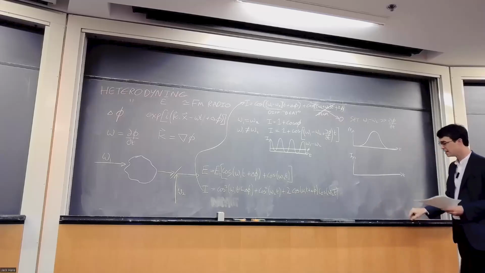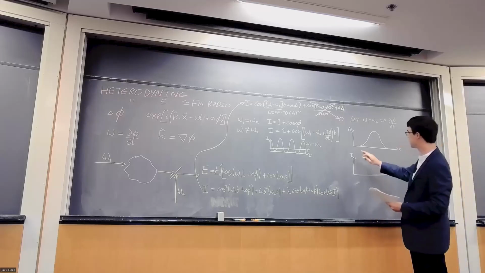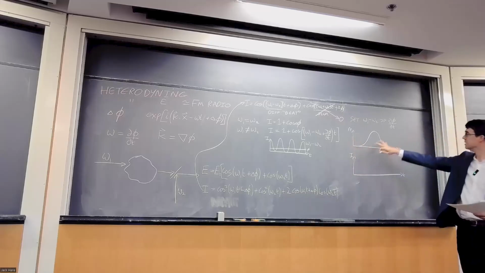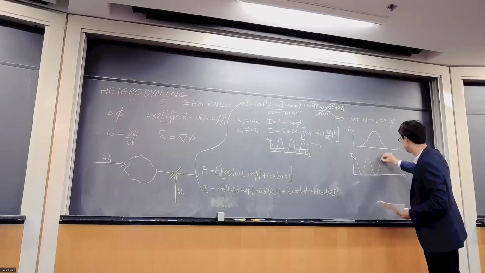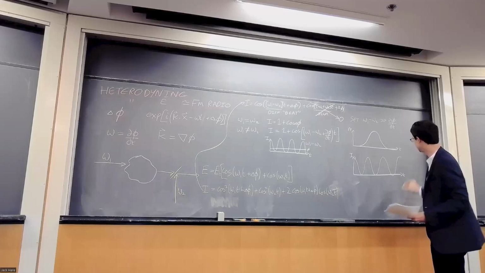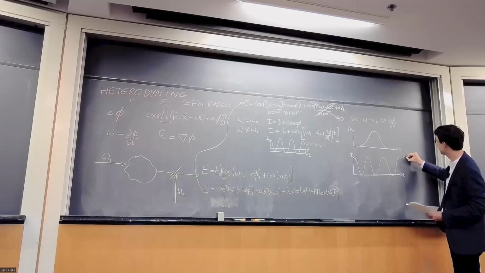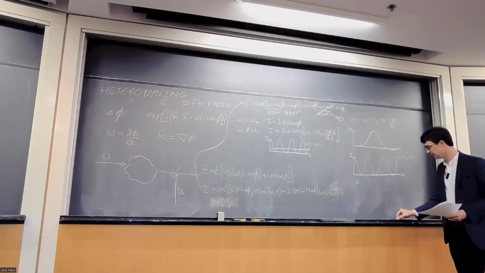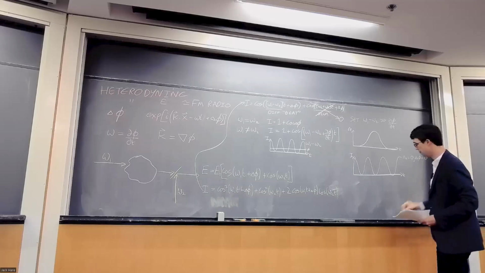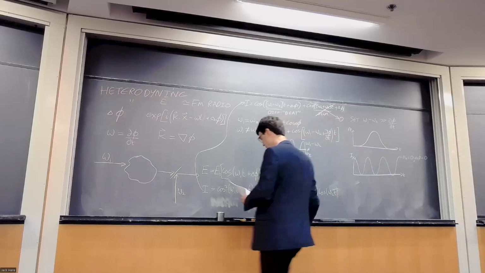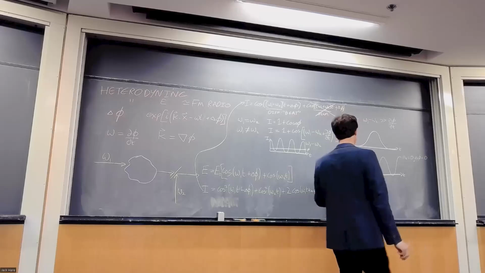Like I said, in the absence of any plasma here, our interferometer would just have a signal that looks like this, right? So this is where n_e equals 0, so therefore delta phi is 0. But when we add the plasma in, we're going to see something very interesting.